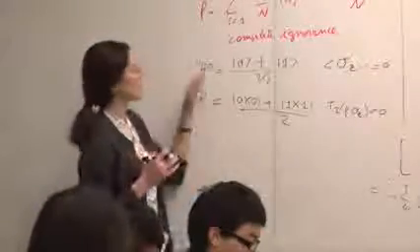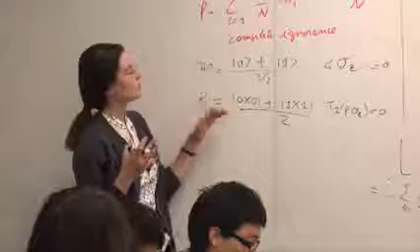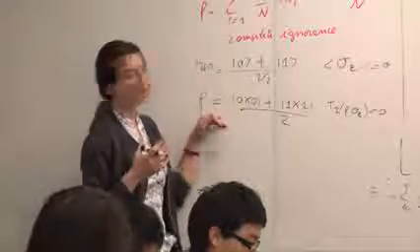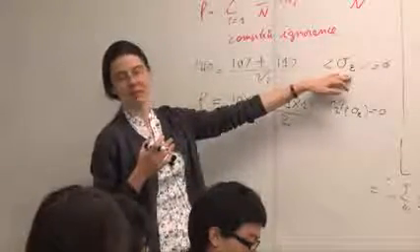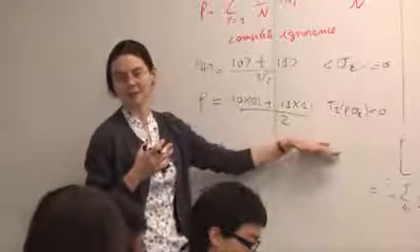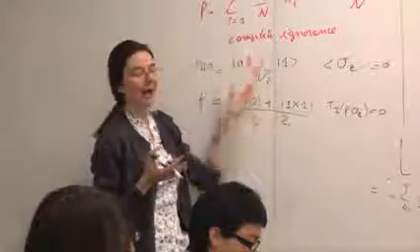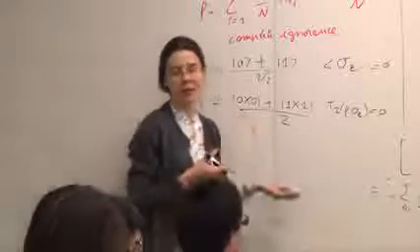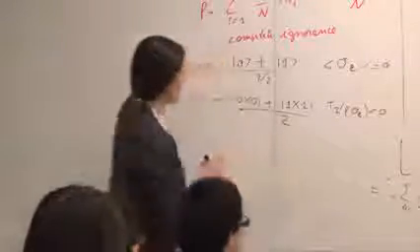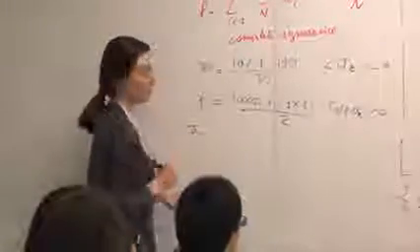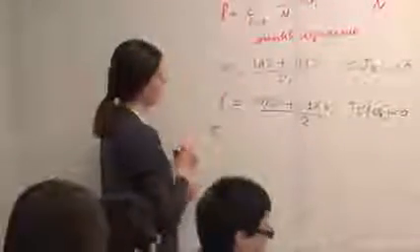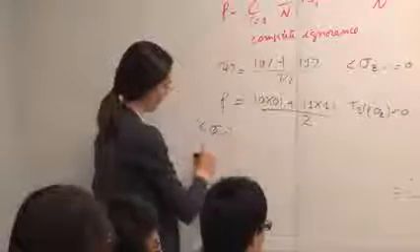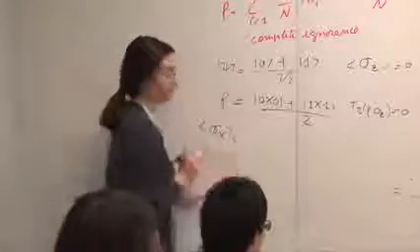So let's say that you do the following experiment. You create your state. You don't know which one of the two you are creating, and then you measure the expectation value of sigma z. You get the same result. How can I distinguish them? What you can do is a different type of experiment. What if I measure sigma x? What is the expectation value in the first case, and in the second case?